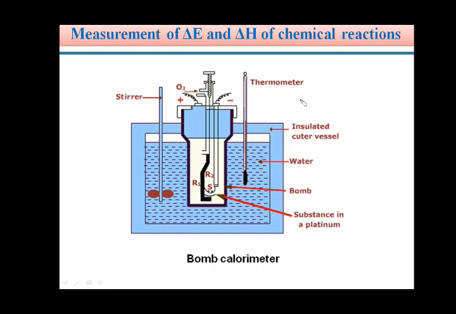Measurement of delta E and delta H of chemical reactions. Delta E is the change in internal energy, delta H is the change in enthalpy. For a chemical reaction, the change in internal energy and the change in enthalpy can be calculated using experimental methods known as calorimetry.